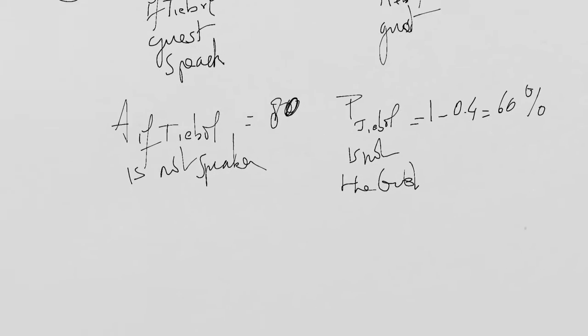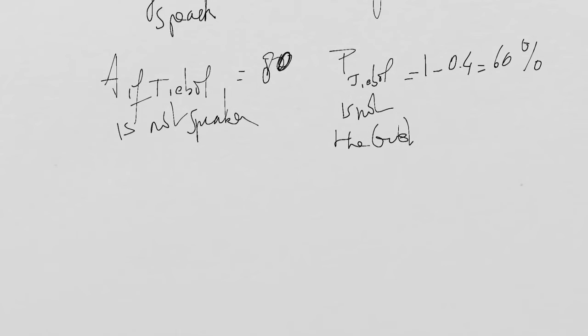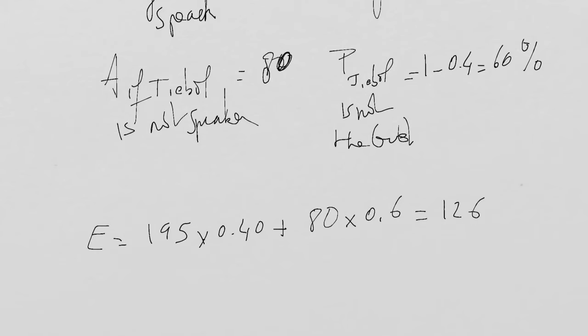So the expected value is very easy to define: E equals 195 multiplied by 0.4 plus 80 multiplied by 0.6, and the answer is 126.